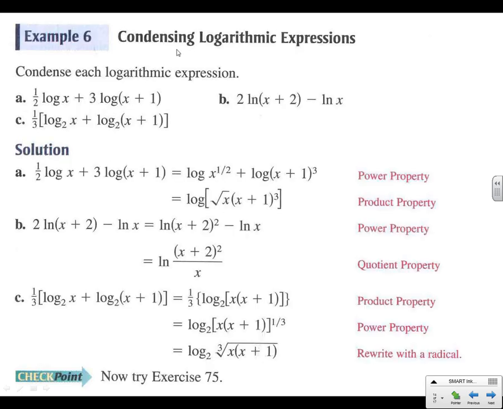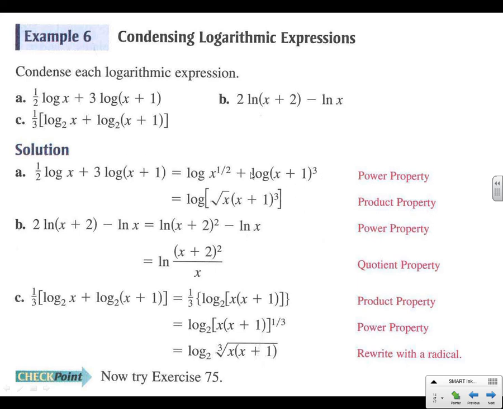Now let's go the opposite direction. Let's combine them back together. So we're looking at A. Here are the rules you want to follow. We want to first get the exponents back up, bring the coefficients back up, and then turn addition into multiplying, subtraction into division. So problem A, we'd bring the 1/2 on top, so you can see it right here, x to the 1/2. Bring the 3 on top, so we'd have x plus 1 cubed.